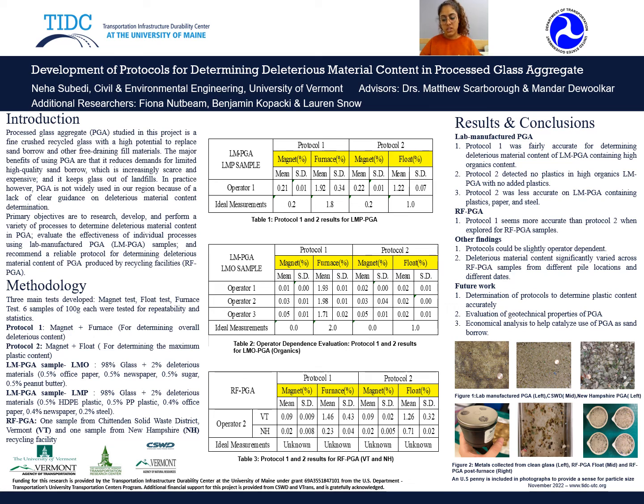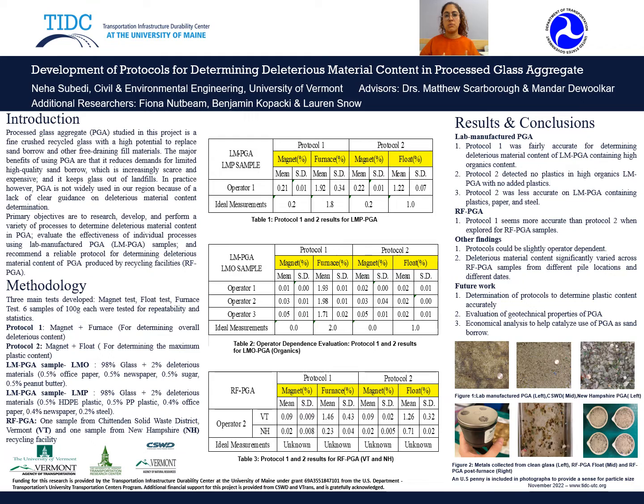Now, if the PGAs are to be tested on a regular basis, it is desired that we come up with protocol or sets of protocols that are reliable enough, easy to use by anyone at any facility, and that meet the standard specifications of the state. The major objective of our study is the same.